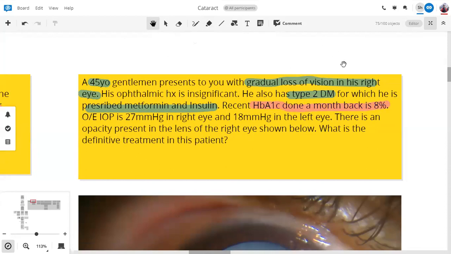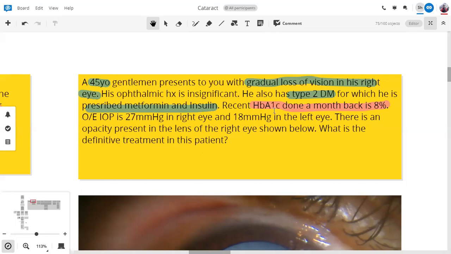Normal HbA1c कितना होता है? 6 से कम. 6.5 से कम, बिल्कुल. 6.5 से कम, right? So his HbA1c is elevated, all right. So this patient has type 2 diabetes mellitus. His diabetes is not controlled by prescribed metformin and insulin. So we have a short story.